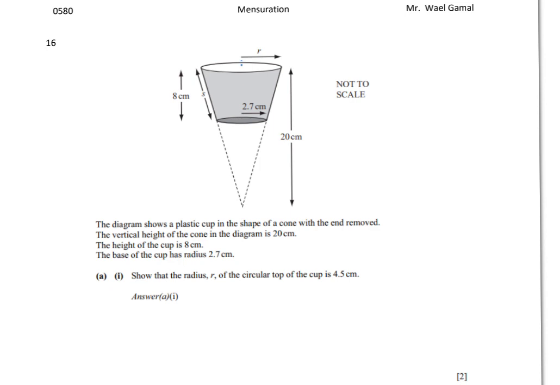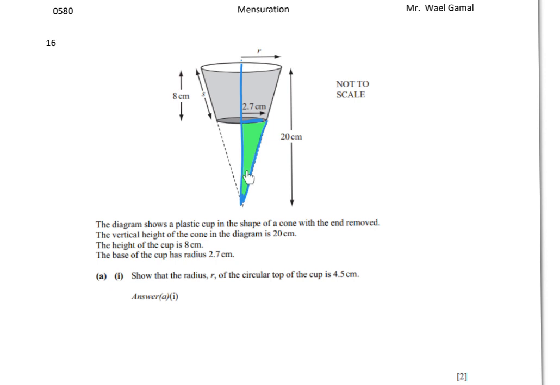If we draw the height of the cone, now we have two triangles. I'll shade one of them. So we can shade this one. The small triangle and the bigger one are similar. Why similar? Because the angles are equal.